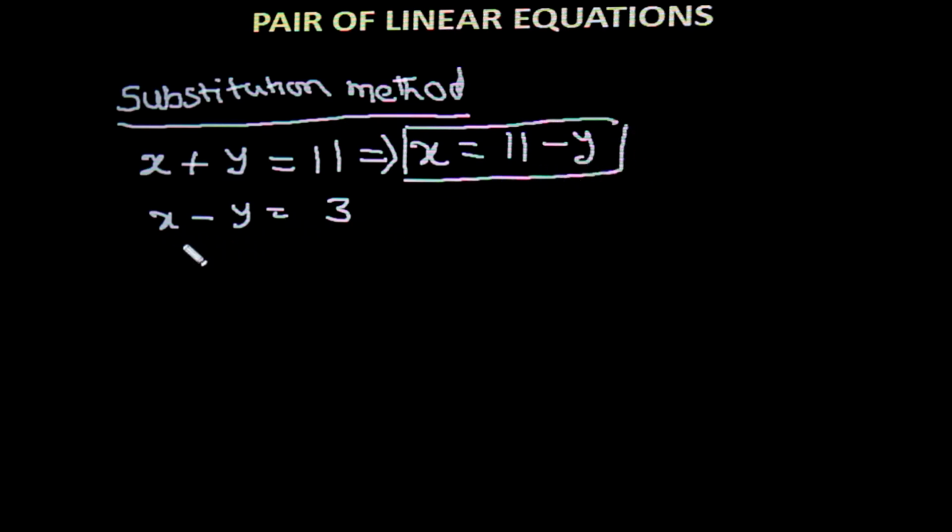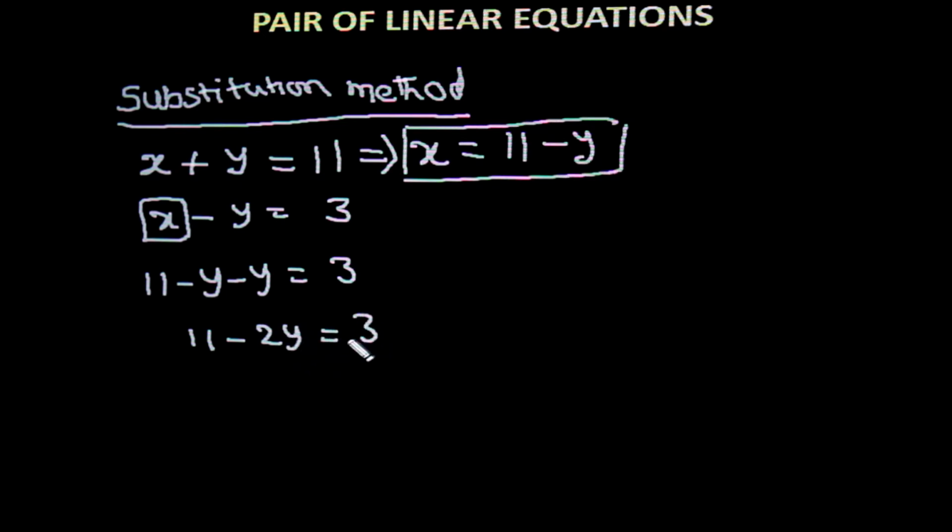What is the second equation here? x minus y is equal to 3, in which in place of x you write 11 minus y. 11 minus y, and already here minus y is equal to 3. 11 minus 2y is equal to 3.